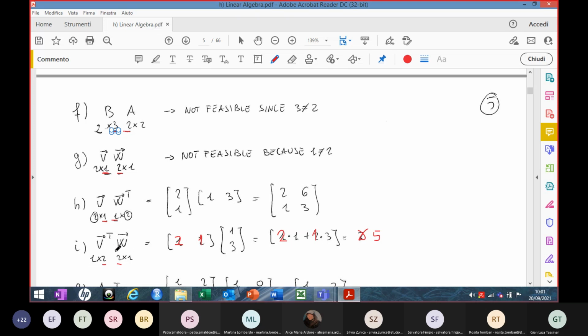This is exactly an example of what we defined previously as the inner product or scalar product. In fact, we have 2, 1, because I have to transpose it, times 1, 3. So you have 1 row times 1 column: 2 times 1 plus 1 times 3. And you get 5.